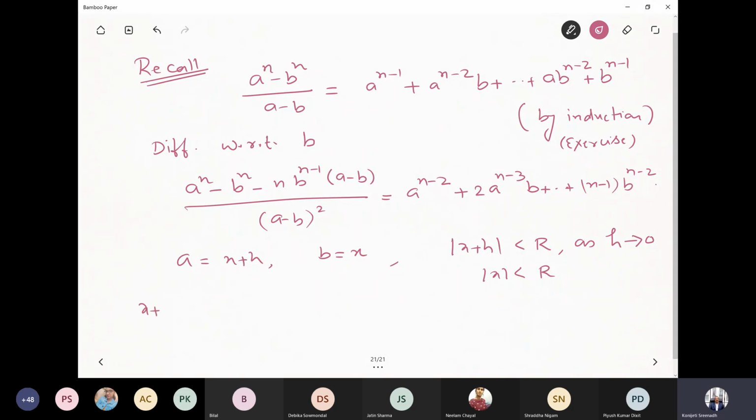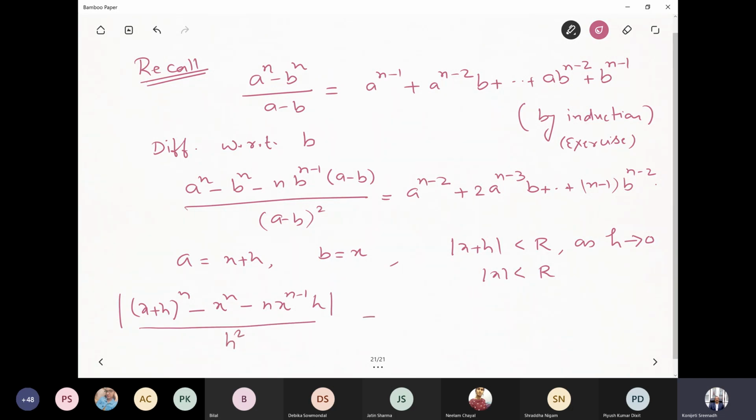(x + h)^n minus x^n, that is a equals x plus h and b equals x, minus n x^(n-1) into the difference of these two, that is nothing but h. So the absolute value of this, the (a - b) whole square is going to be h square.